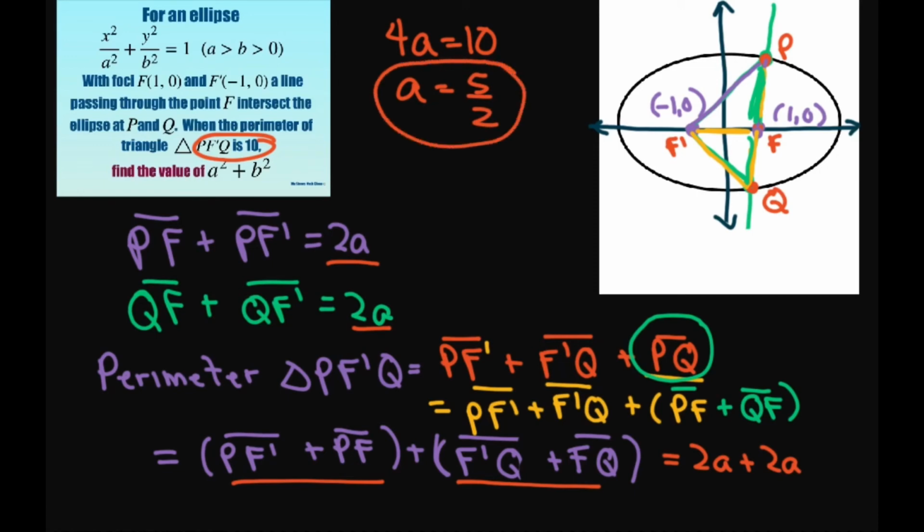So now we have our a. Now we have to find our b. So a squared would be 25 divided by 4. Now let's do the b squared. For that, we have a equals 5 halves. Since we have an ellipse here, we can use c squared equals a squared minus b squared.